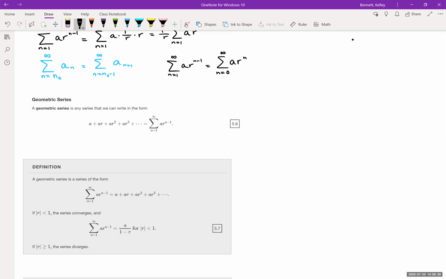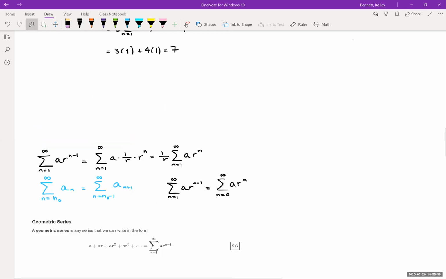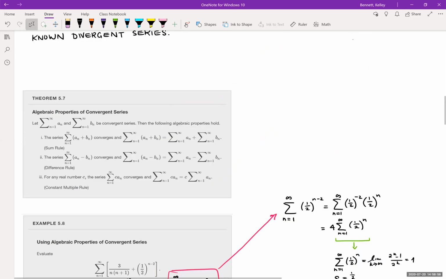And you may be wondering, well, the harmonic series, those terms get small, right? 1 over n gets smaller and smaller and smaller. The thing about the harmonic series versus the geometric is that the harmonic series doesn't get small fast enough. So I'm going to scroll back up to the harmonic series really quickly.